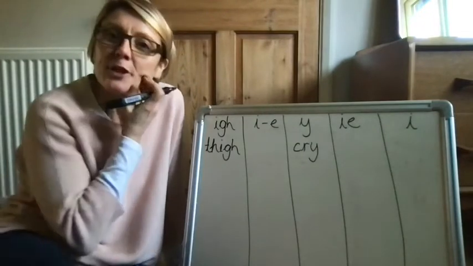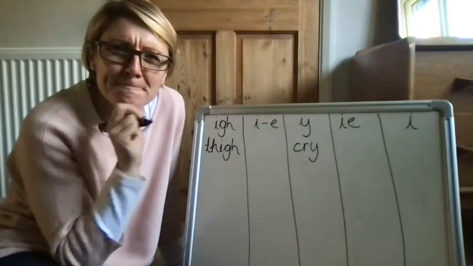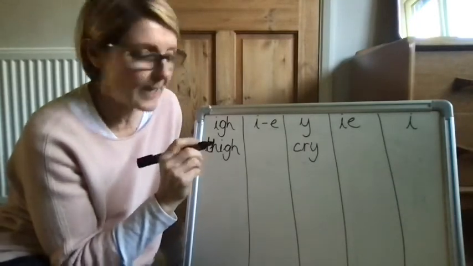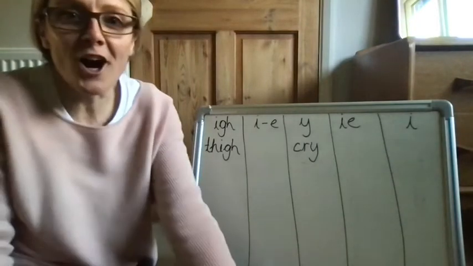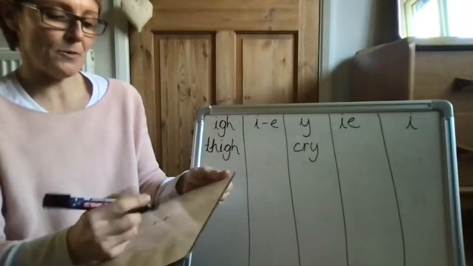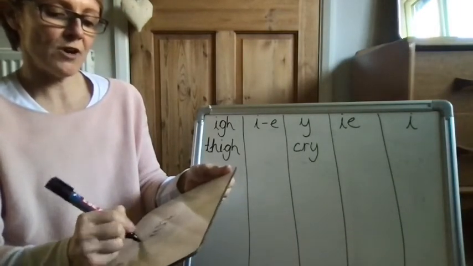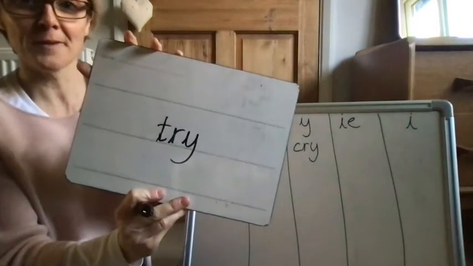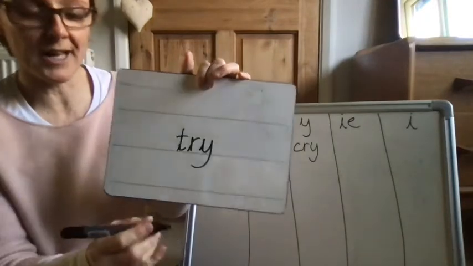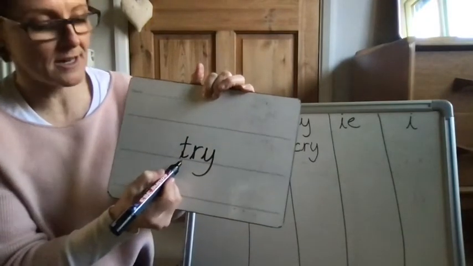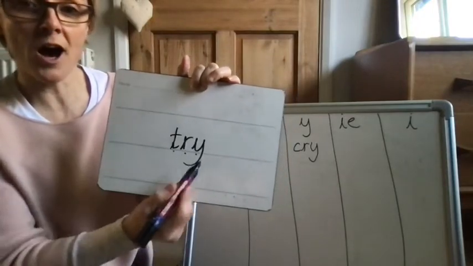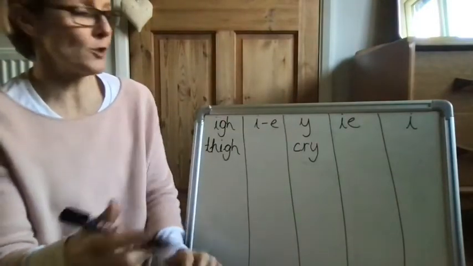I'm going to show you something. Oh, actually, we might do a few more words with I. So let's try. Try. How might we spell try? So which spelling have I used for the word try? So let's try hard to read the word. So find it on your board.